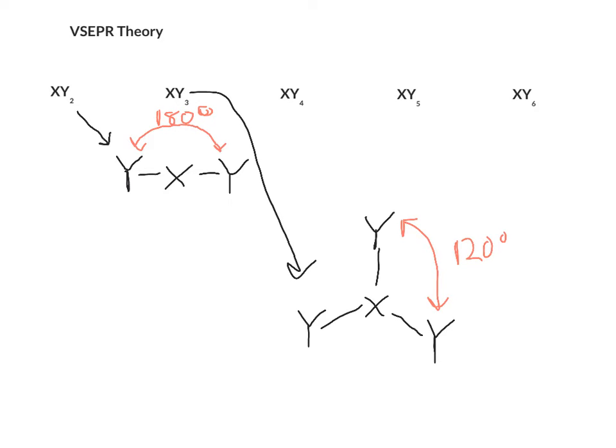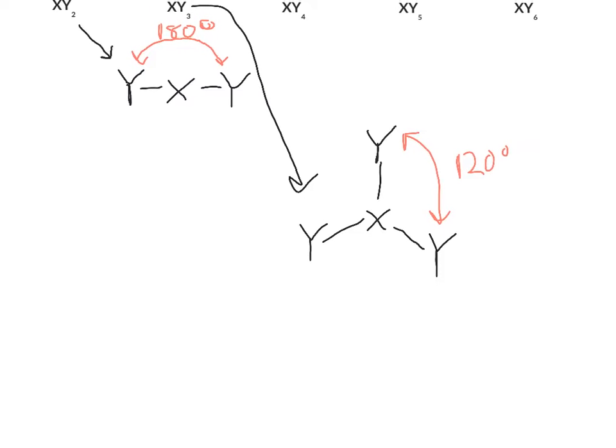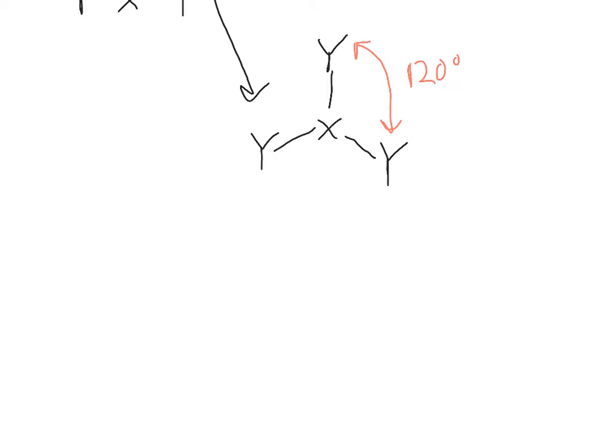So the next group, the XY4 type, some central atom X. The bonds drawn here are in the plane of the screen.